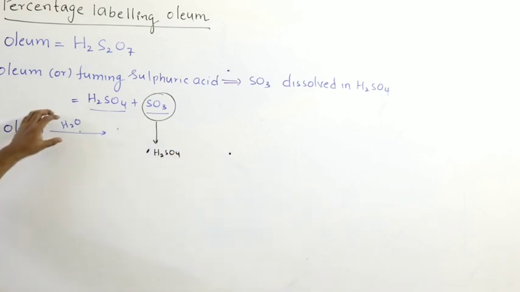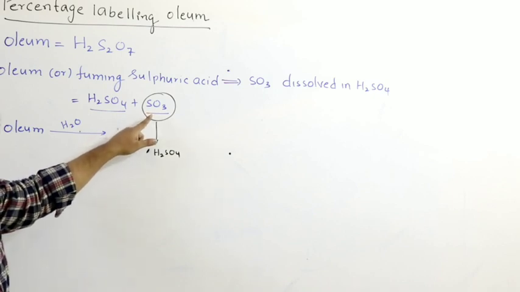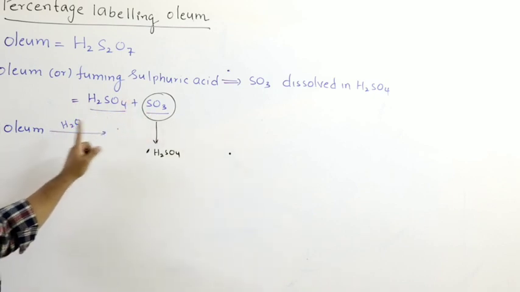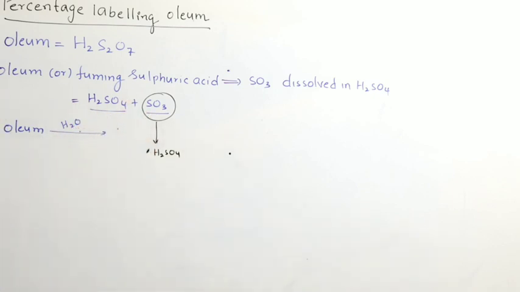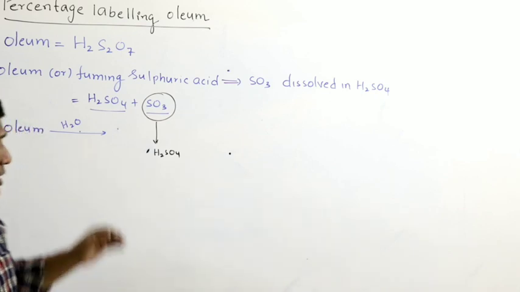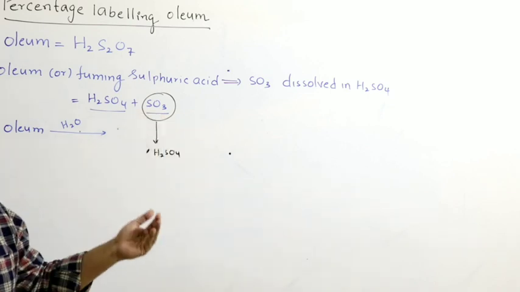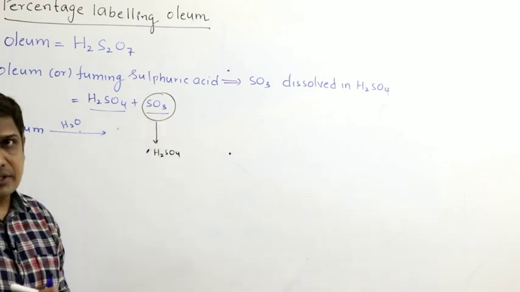So when you add water to oleum, the SO3 present in oleum reacts with water and converts into H2SO4. Due to this, the mass of this oleum solution will increase. Why does it increase? Because the amount of H2SO4 is increasing.